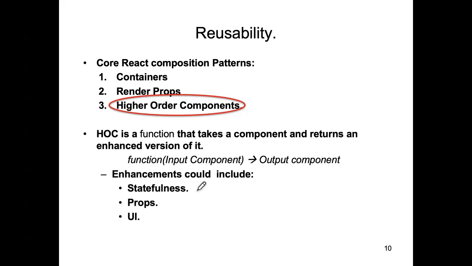Or it could be a mixture of some or all of those three enhancements. There's also a naming convention associated with these higher order component functions, which is that you prefix them with the keyword with. The idea being that the function takes a component and returns that component with some additional enhancements.